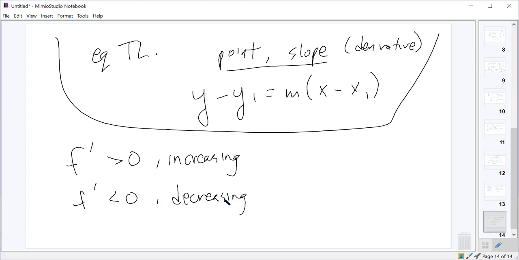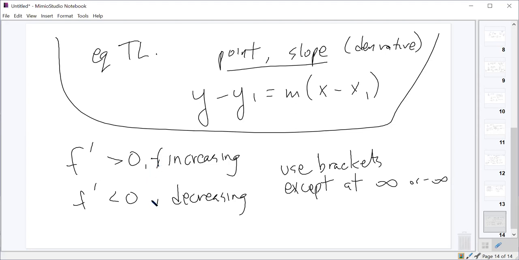Much to my chagrin, use brackets on increasing and decreasing intervals, except at infinity or negative infinity. Okay? That's just the way that they want it, right? So if the derivative is positive, f is increasing. If the derivative is negative, f is decreasing.